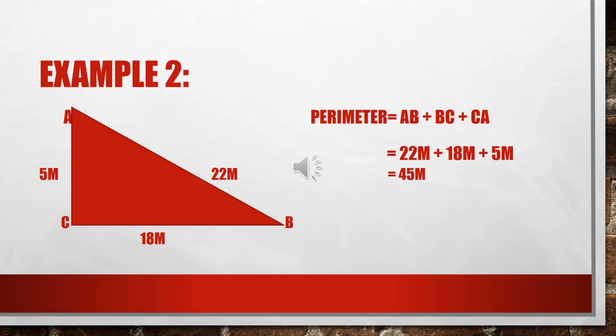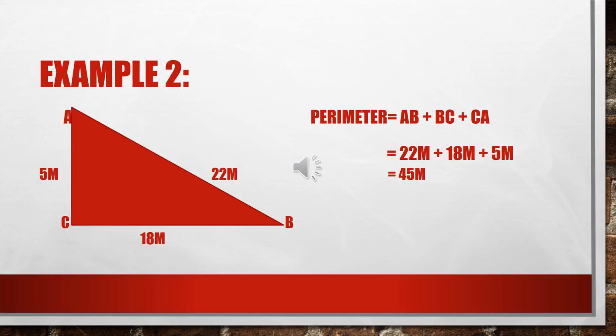So remember again, the perimeter of a plane shape is a distance round that plane shape. So with the help of the names given to the letters there, we go AB plus BC plus CA. So AB is what? 22 meters plus BC, which is 18 meters, plus CA, which is 5 meters.